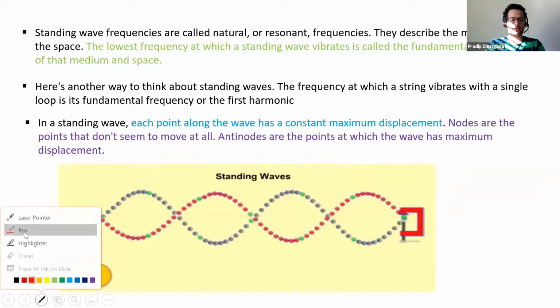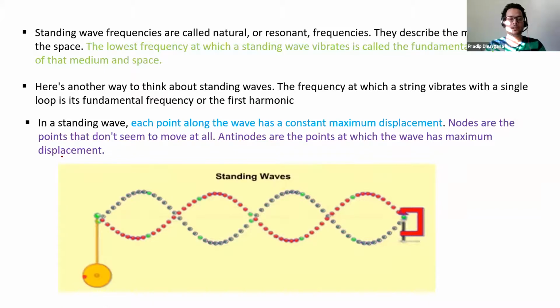Let's talk about different terms here. Standing wave frequencies are called natural or resonant frequencies. The lowest frequency at which a standing wave vibrates is called the fundamental frequency of that medium or space.